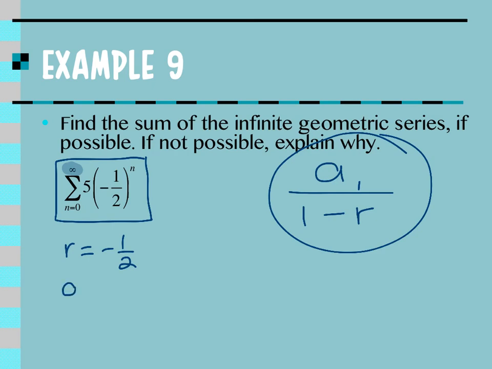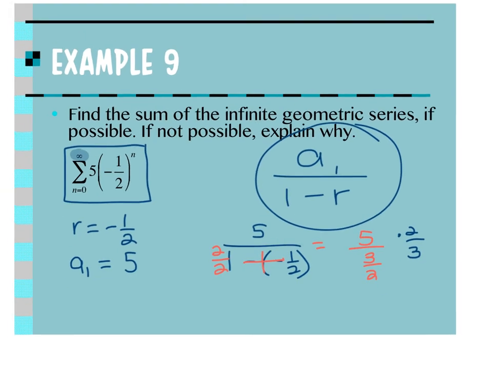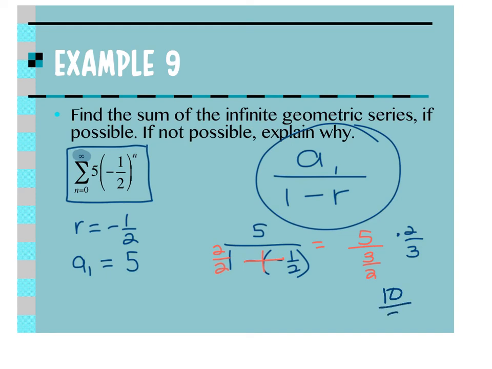Okay. What would be a sub 1? 5. The number that is not being raised to the exponent is your a. So now I put 5 over 1 minus negative 1/2. That becomes 1 plus 1/2, so 5 over 3/2. Keep, change, flip. And I get 10/3.